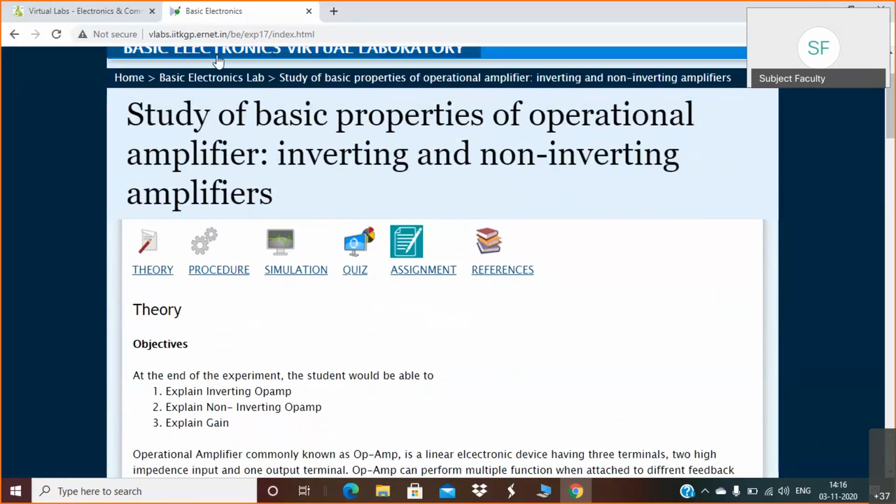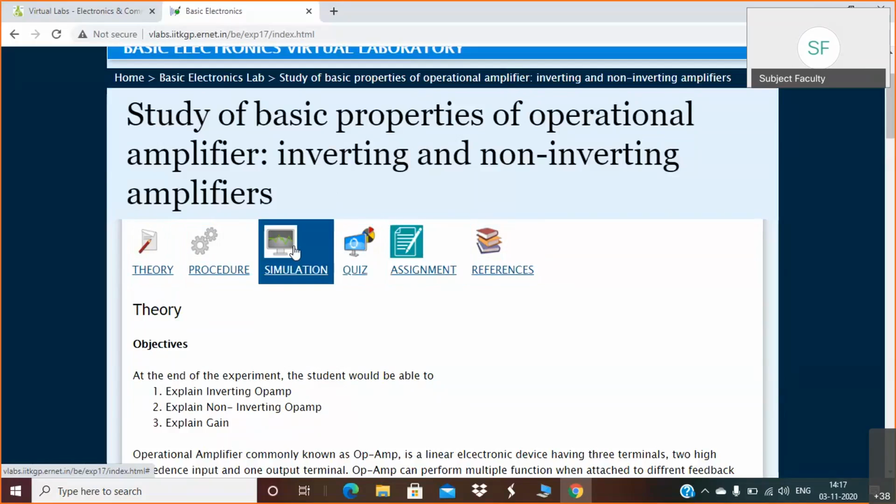Here you can observe, in virtual labs at the home page, you have gone through the basic electronics lab, and under that you are now in the study of basic properties of operational amplifier, inverting and non-inverting amplifiers. These are different tabs present here: theory, procedure, simulation, quiz, assignment, and references.